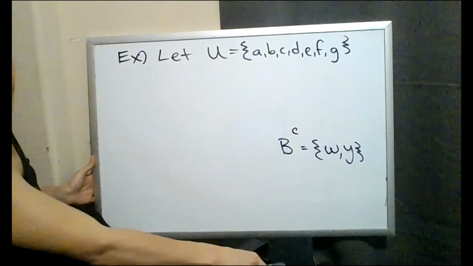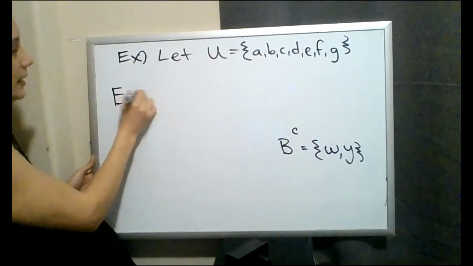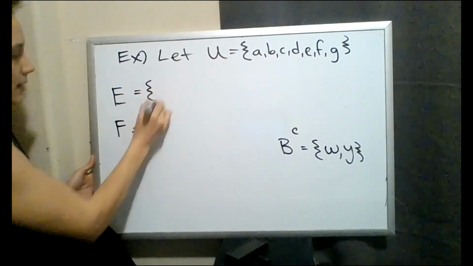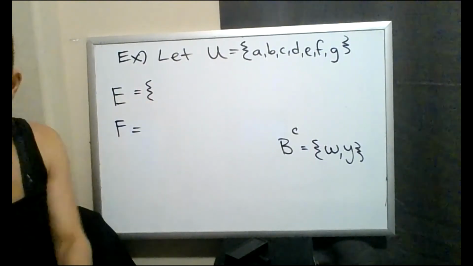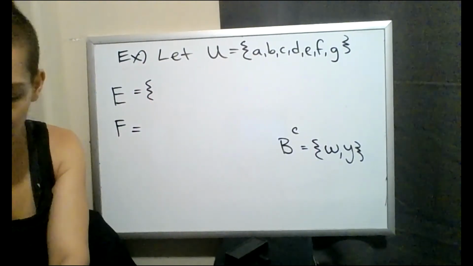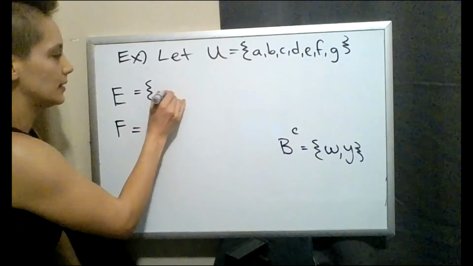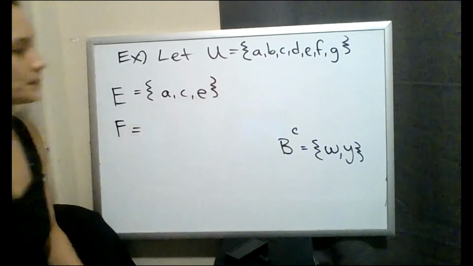Let's have our subsets as capital E, capital F. Start the set. E has lowercase a, lowercase c, lowercase e. Close your set.